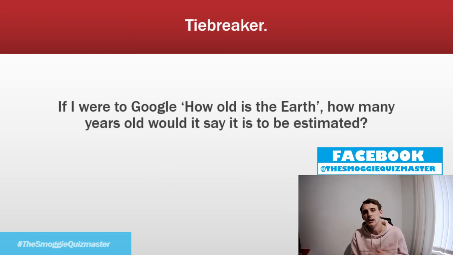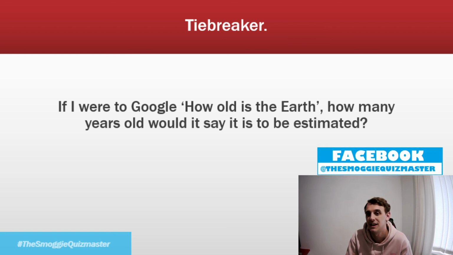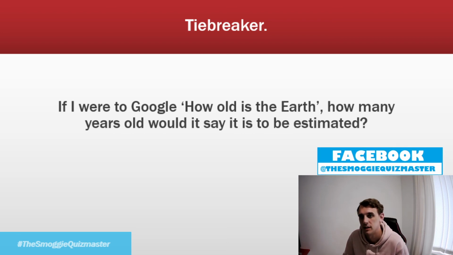Boom. If I were to Google, how old is the Earth? How many years old would it say it is to be estimated? I'm putting that in there because obviously nobody knows the true amount of years that the Earth has existed for.